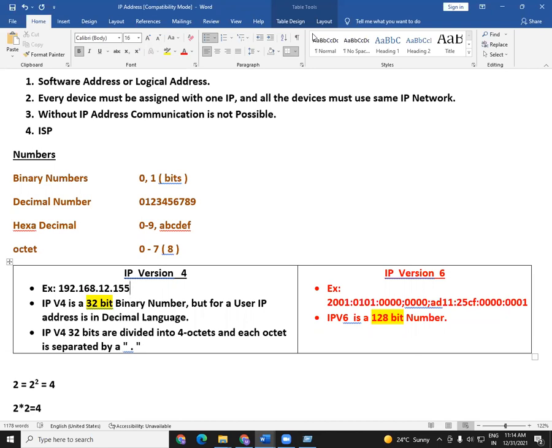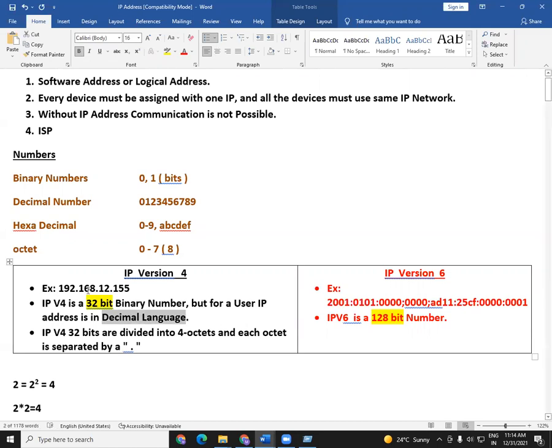Let's see. The design of an IP address is a 32-bit binary number. What is the design? An IP address is a 32-bit binary number, but for a user, the IP address is in decimal form. This is a very big connection we have to establish here, friends.